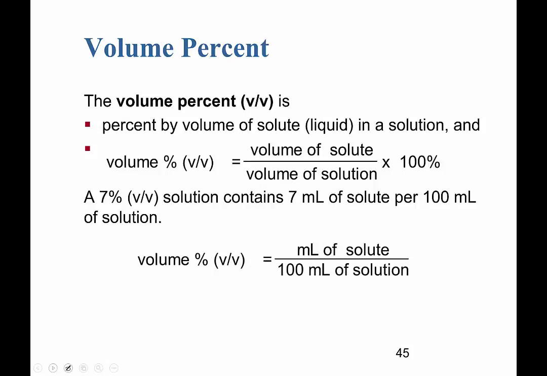I can also look at volume percent. It's the same thing, except instead of grams and masses, I'm going to be using volumes. So volume of the solute over volume of the solution. So if I have 7 milliliters of solute in 100 milliliters of the solution, 7 over 100 is going to tell me my percent, which would be 7%.